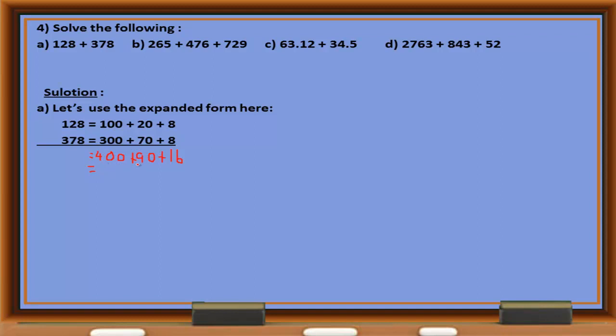Then 400 plus 90 is 490, plus 16. 490 plus 16 is equal to 506.